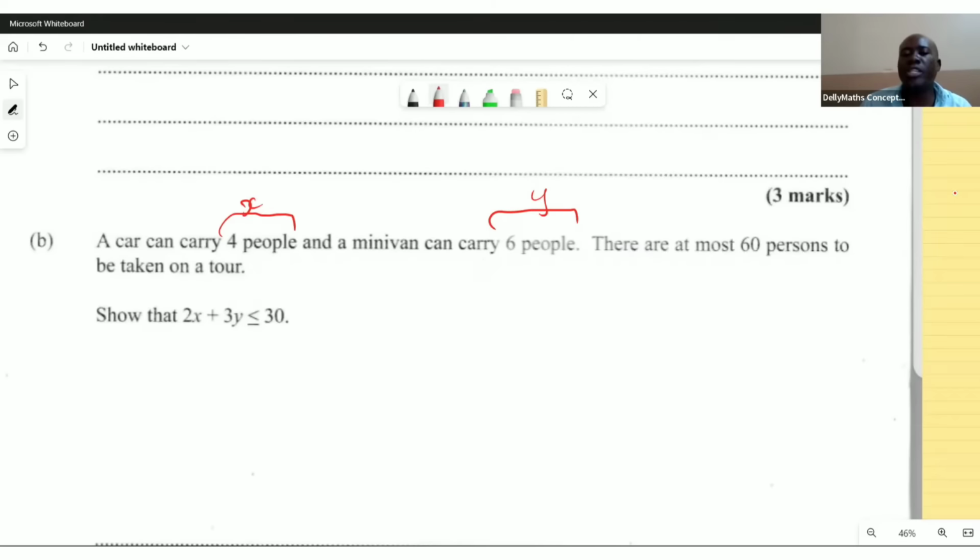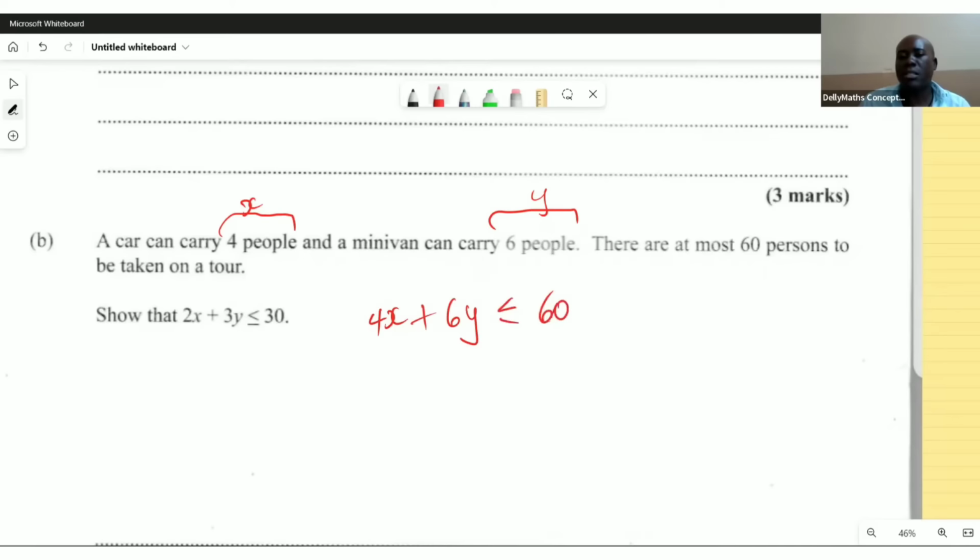I would use the situation to create it first: 4 people per car, so 4X, plus 6 people per minivan, 6Y, must be less than or equal to 60.